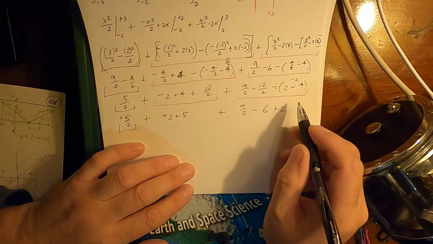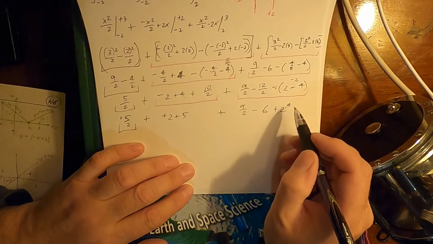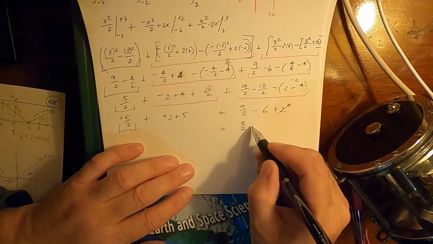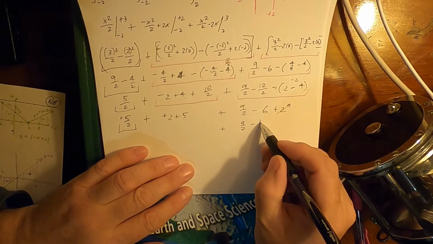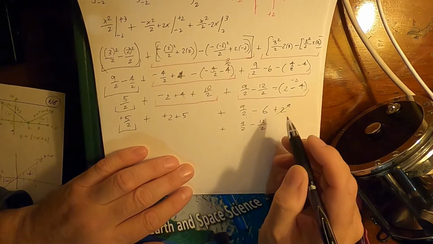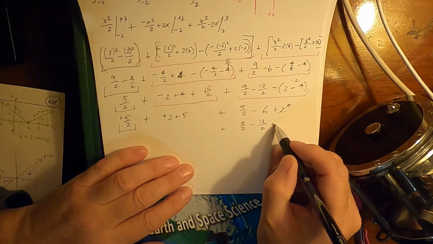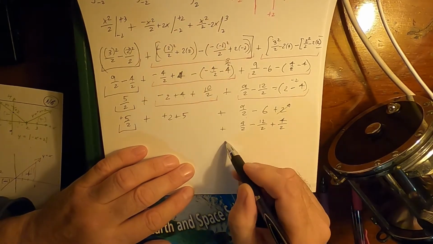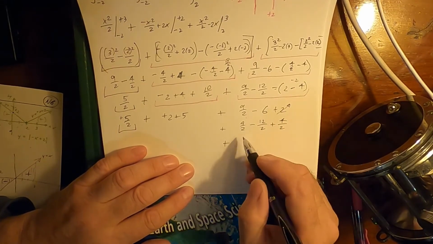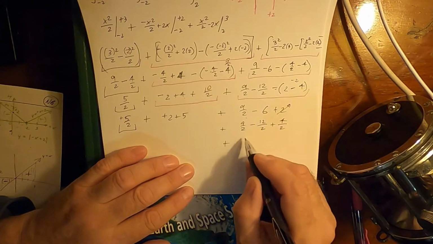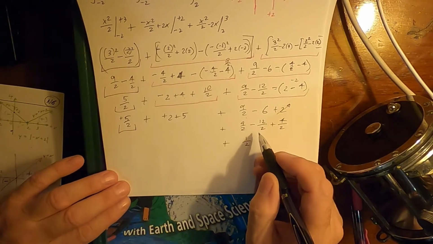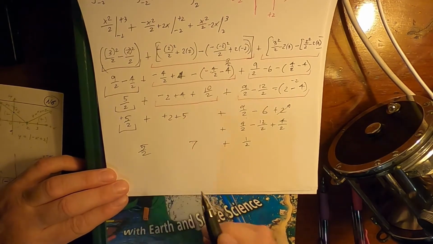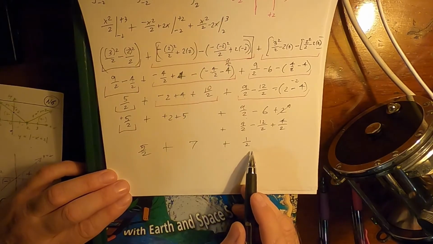So that plus 2, if we're going to make these all 2's and add them all together, we're going to get 9 halves minus 12 halves plus 4 halves, okay, from the 2. And so this is going to become 13. So it's 13 halves minus 12 halves is 1 half, okay, and this is going to be 7. And so we have 5 halves plus 7 plus 1.